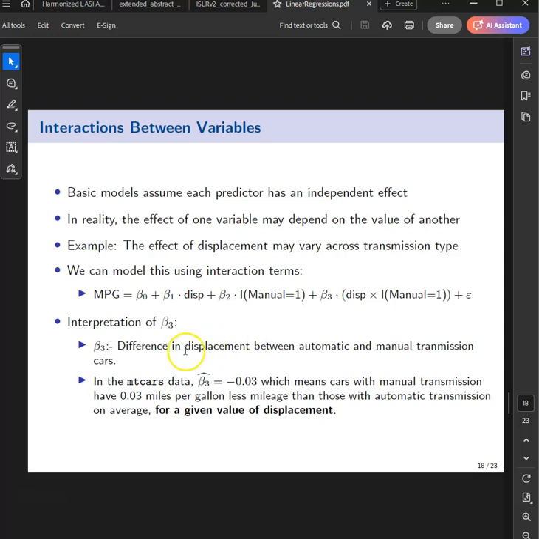So beta 3 captures the difference in the effect of displacement between automatic and manual transmission cars. In the mtcars data, when I run this regression, I get beta 3 to be negative 0.03, which means that cars with manual transmissions have 0.03 miles per gallon less mileage than those with automatic transmissions on average for a given level of displacement.